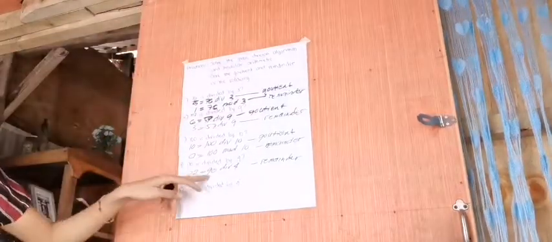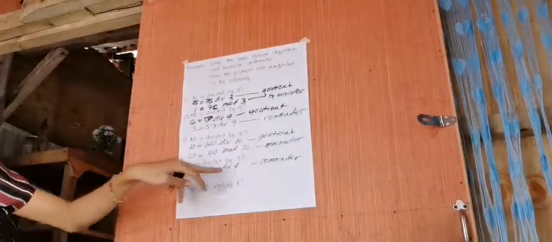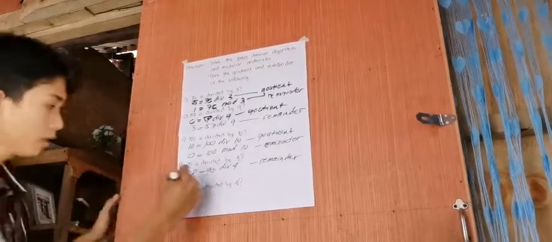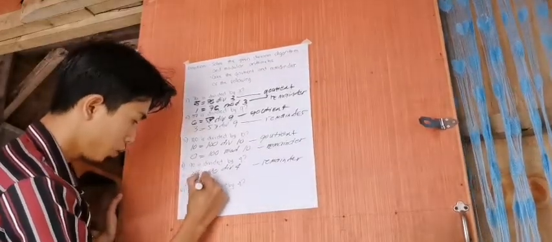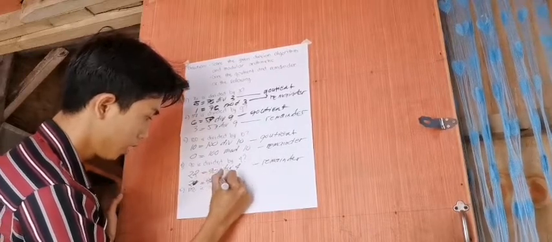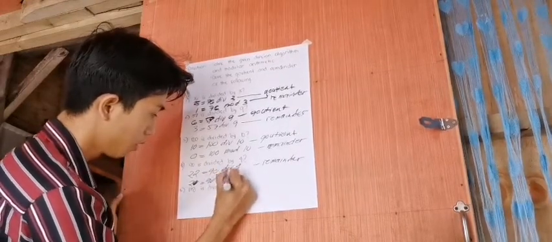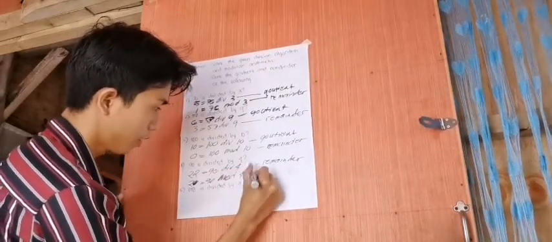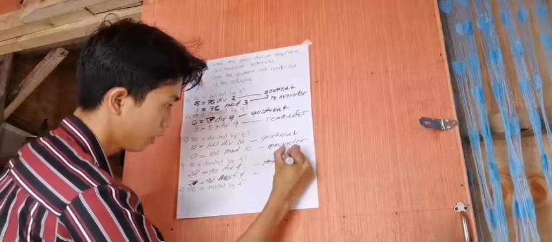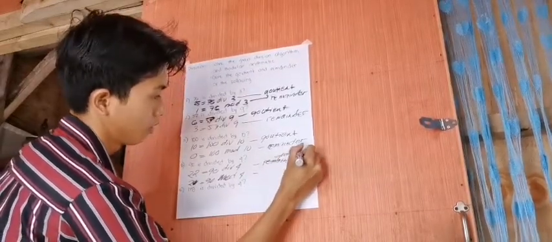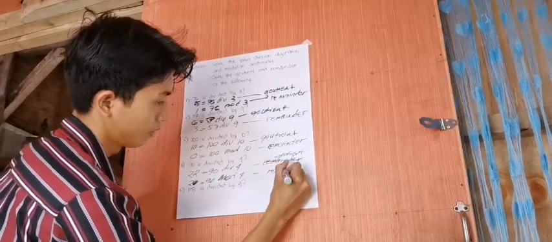Then 90 minus the answer of 22 times 4. So our mod is 2, 2 equals 90 mod 4. This is our quotient, and this is our remainder.